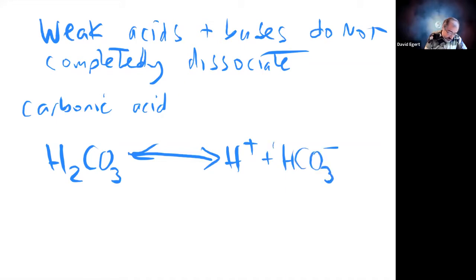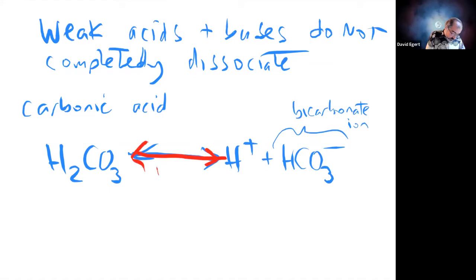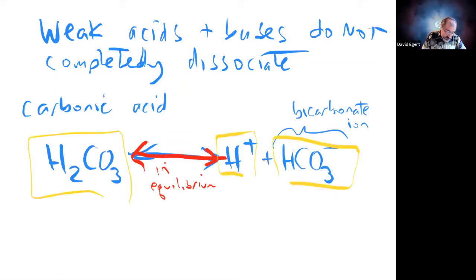This is a bicarbonate ion. But it doesn't dissociate completely, so it's in equilibrium. Some of it is staying intact as just H2CO3. Some of it has broken up into individual ions.